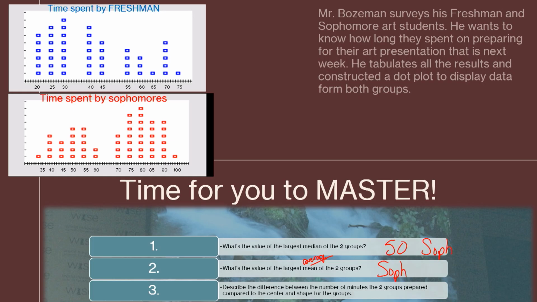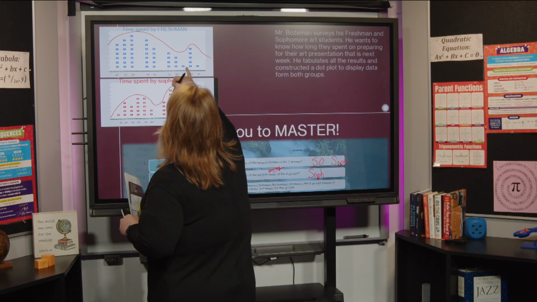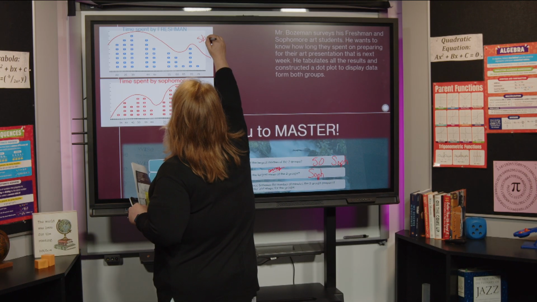All right, so then it says describe the difference between the number of minutes the two groups prepared, and then compare the center of the shape of the groups. Now, when I look at this, I'm seeing this, and then I see this as my shapes. So what can I say when I compare them? I think this one is kind of skewed right.